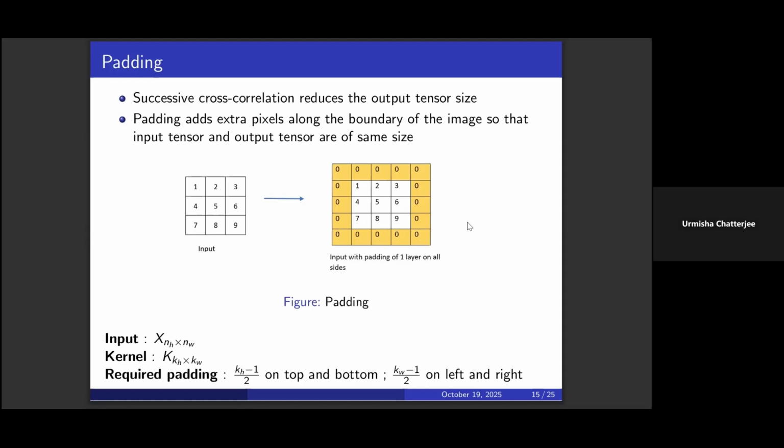There is a deficit of kh minus 1 in size, so that's why you add a padding of half of it on top and bottom, and similarly on the left and right, (kw minus 1) by 2. That's why there is a norm to use an odd sized kernel in these convolutions, either 3, 5, 7, so that the padding is even on both sides. So these sort of things are very useful when we have very low resolution images.